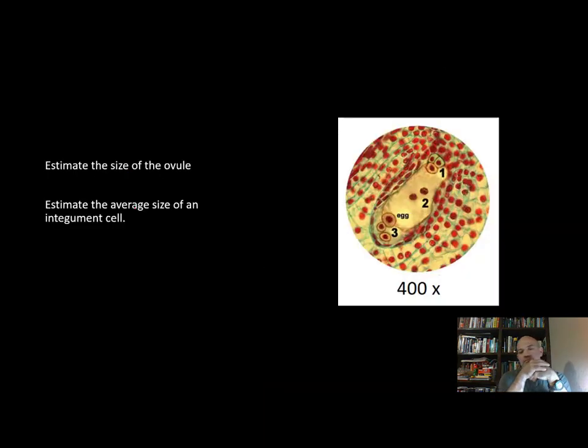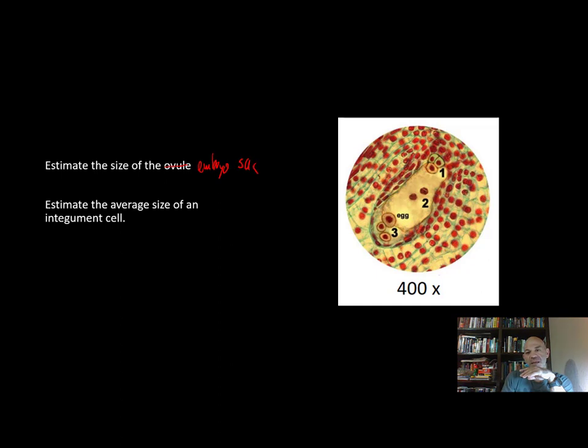And so basically the idea is this. You are going to be asked to look at some images, and then based on knowing how big the field of view is, you can estimate the size of these structures. For example, a question might ask you to estimate the size of the ovule, or in this case the embryo sac.